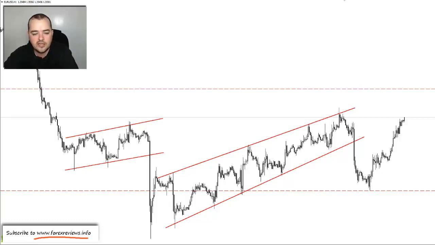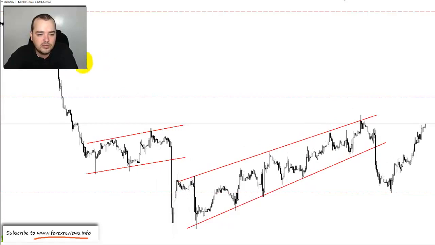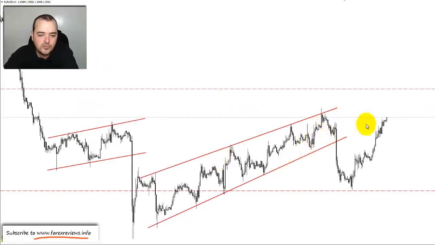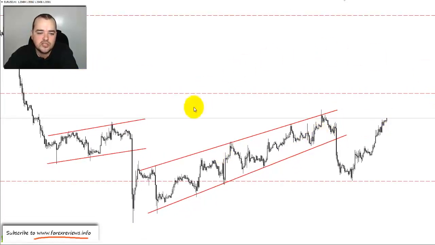And usually a chart will go from one pattern to another, and that's very common. All right, so let's get into this. Let's start in the Euro US, one of most people's favorite, and we'll just have a look at some recent moves just to show you what I'm talking about.